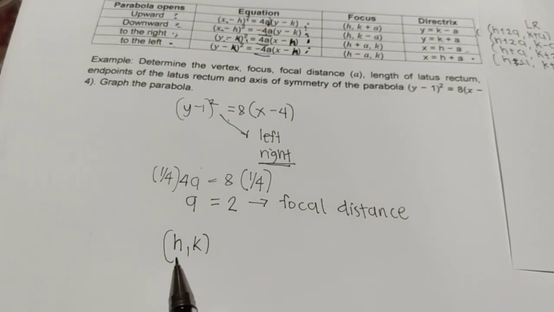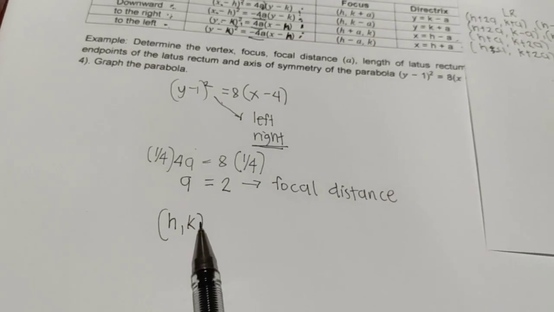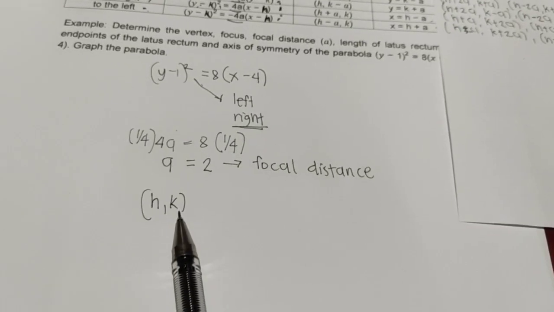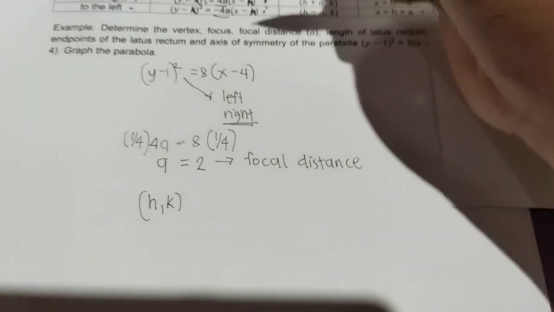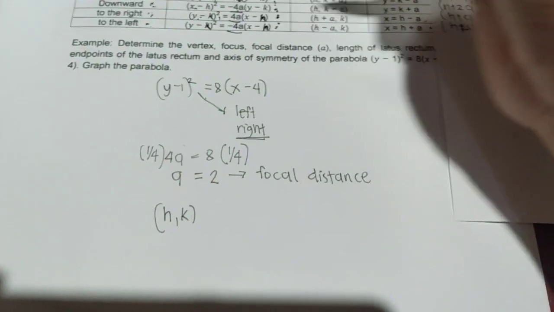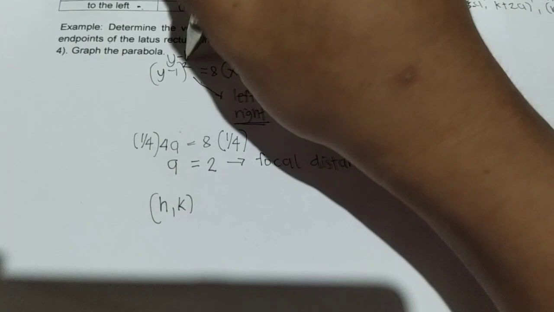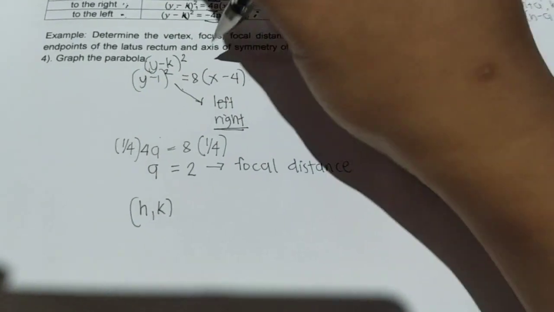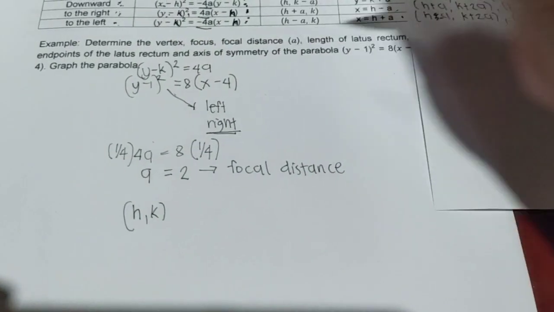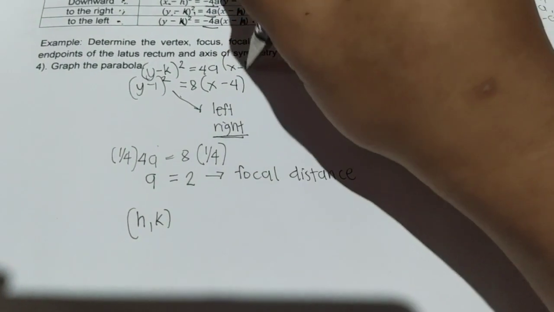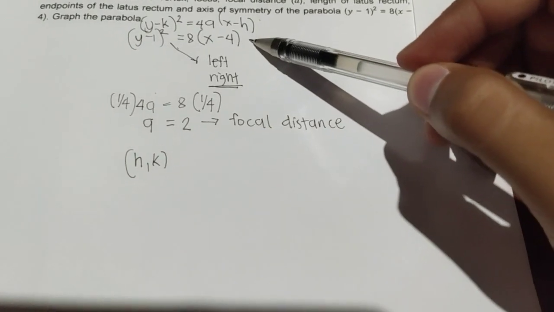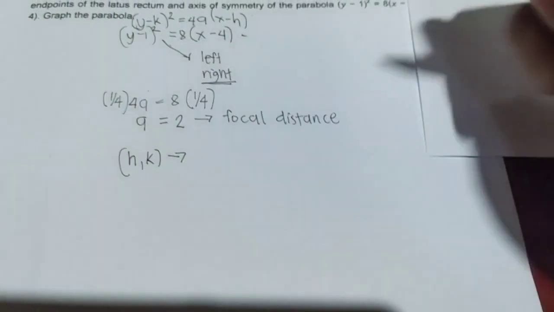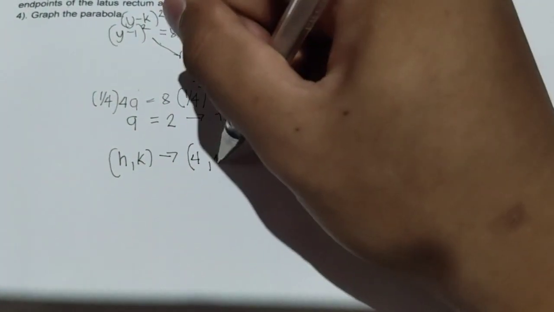Here h is paired with x and k is paired with y. So from the equation of the parabola that opens to the right, (y minus k) squared equals 4a times (x minus h), the vertex of the parabola is (4, 1).